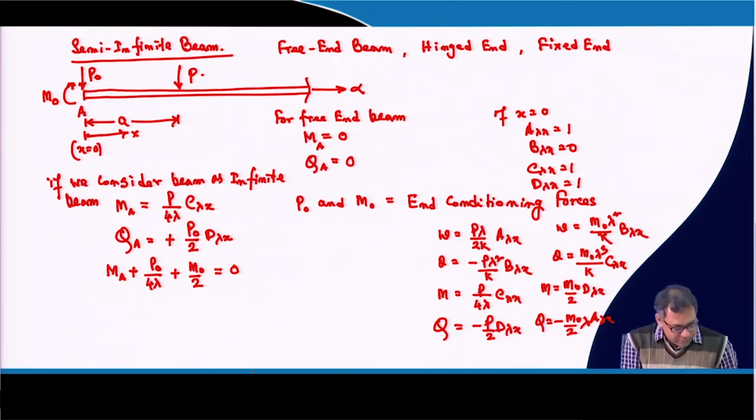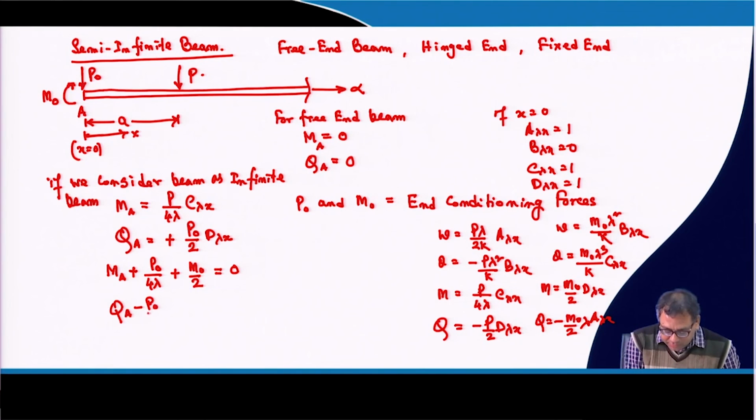Similarly, for the shear force, I should write that QA is the shear force due to P. The shear force due to this concentrated load P0 will be minus P0 by 2, because D lambda x will be 1.